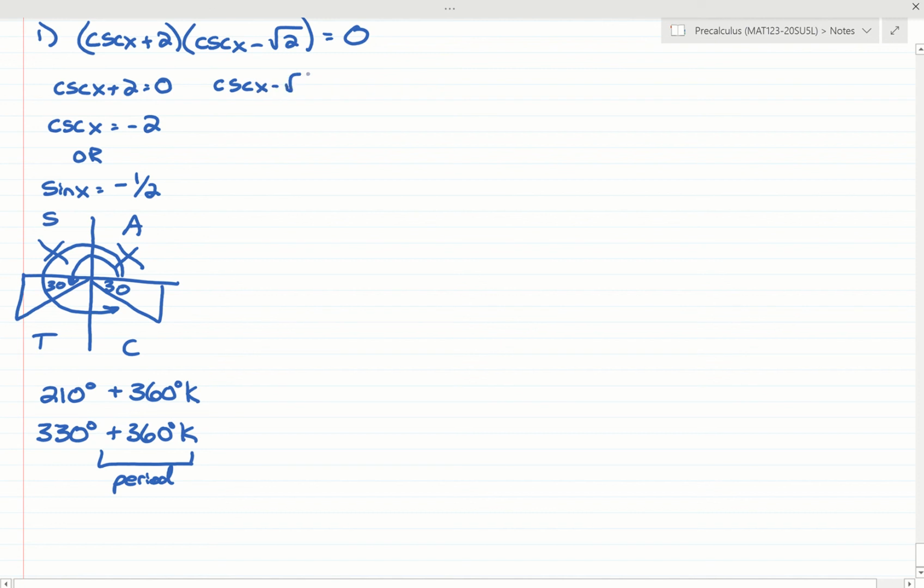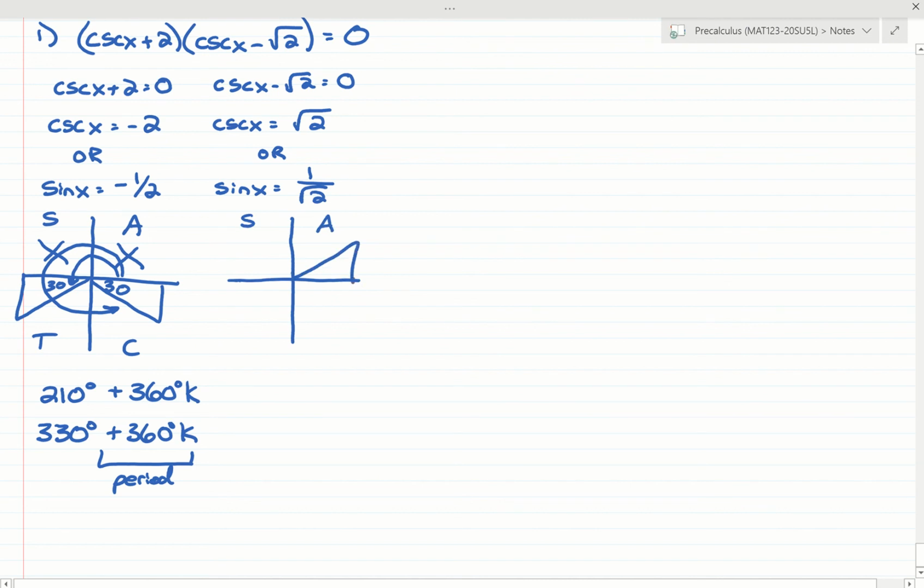Cosecant of x minus root 2 is equal to 0. Bring the root 2 on the other side. So another way to say this is, when is the sine of x 1 over root 2? And that happens at 45 degrees. So let's see if we could figure out all the values. Sine would be positive in these two quadrants.